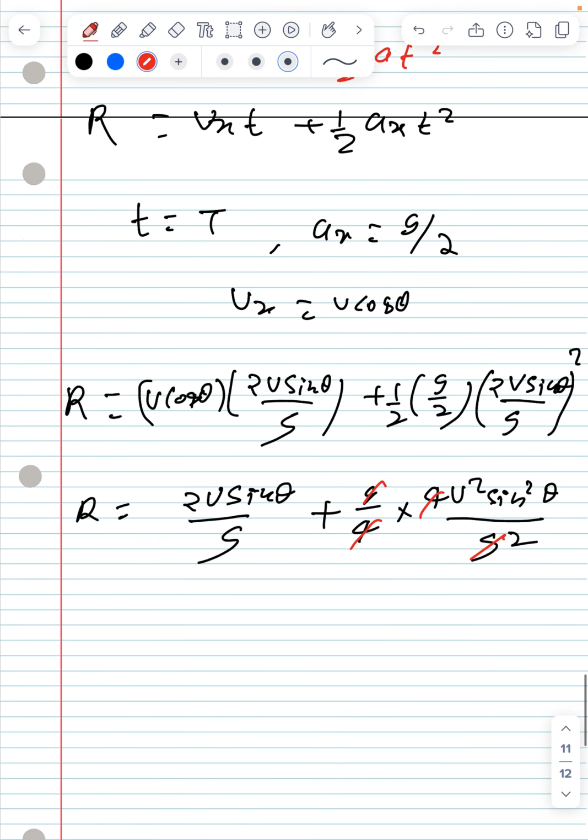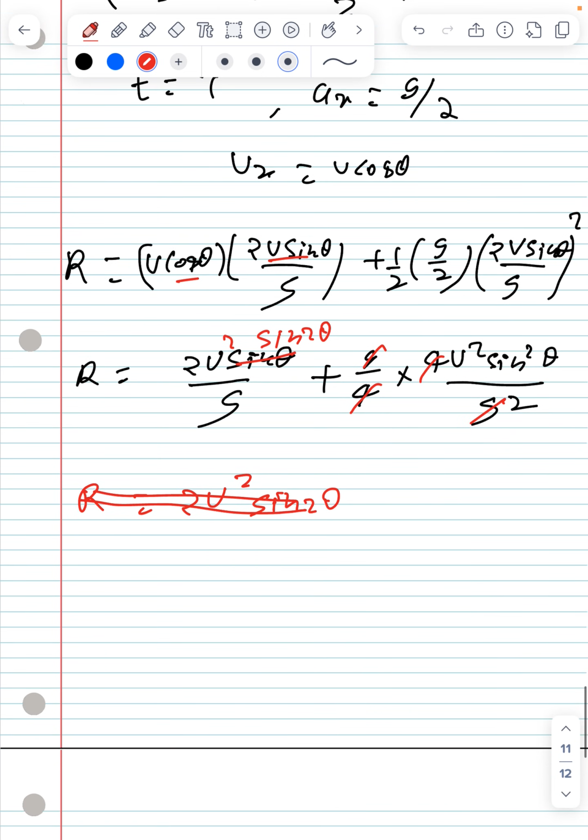Finally, calculate this value: R = 2u sin θ divided by g plus g/4 times the square of this value, 4u² sin²θ divided by g², and this value cancels out.